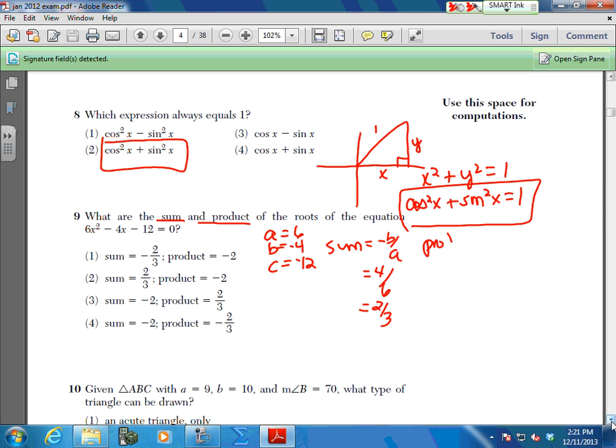Your product, C over A. Negative 12 over 6, and reduce this. So we're looking for a sum of 2/3 and a product of negative 2. What you're going to see is number 2. Be careful because they use negatives, positives. Look at them closely and match them up.